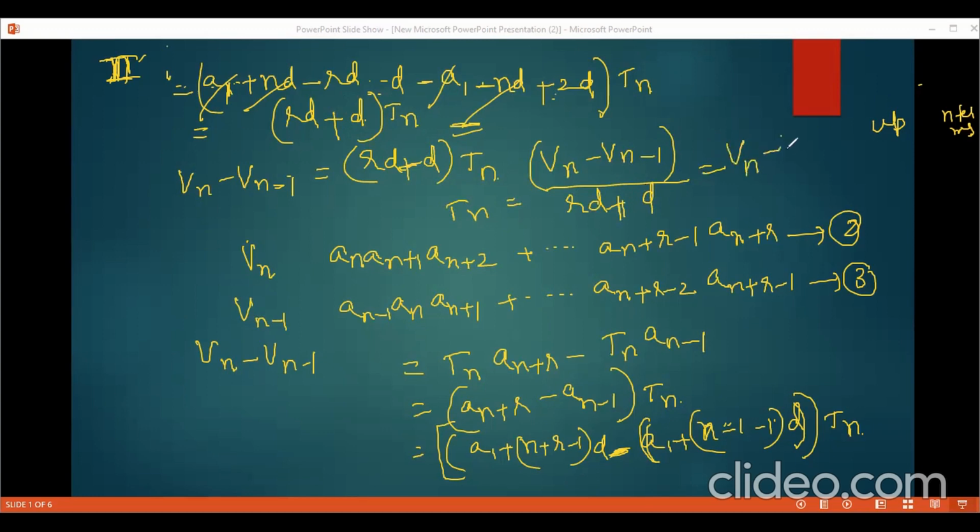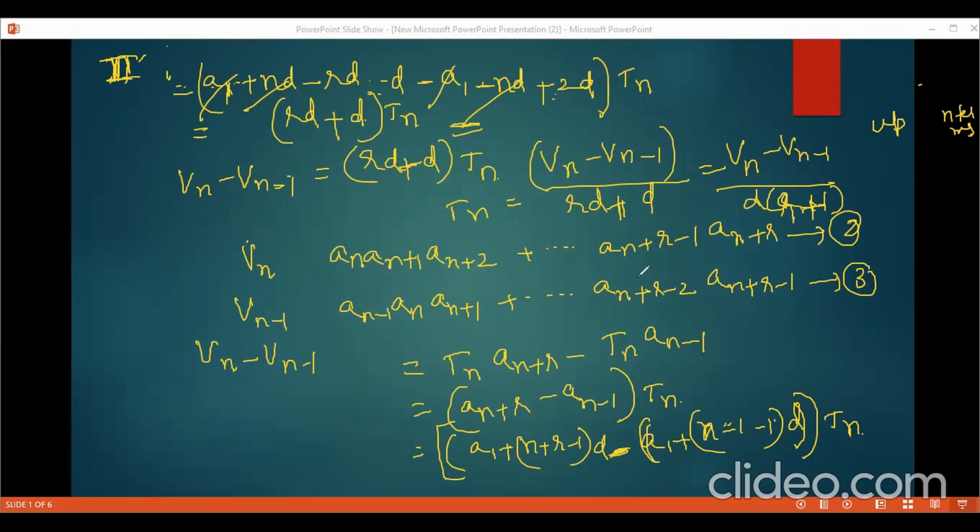So finally Vn minus 1 by D into R plus 1. This is our Tn, if the terms are of the form A1, A2, A3 and so on up to AR, then A2, A3, A4, and so on up to AR plus 1, like this.